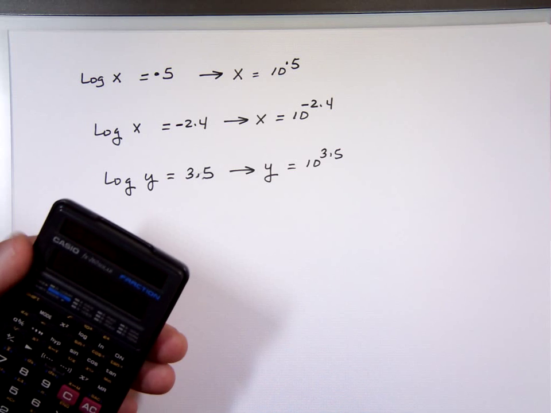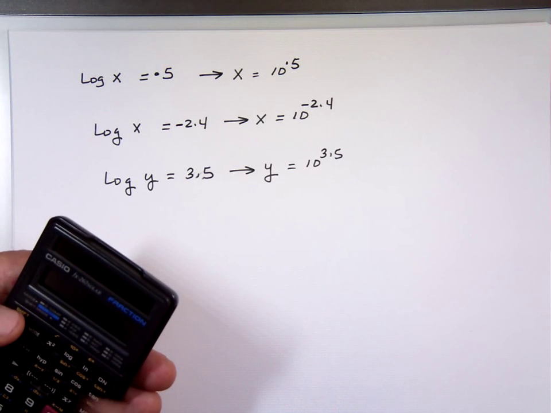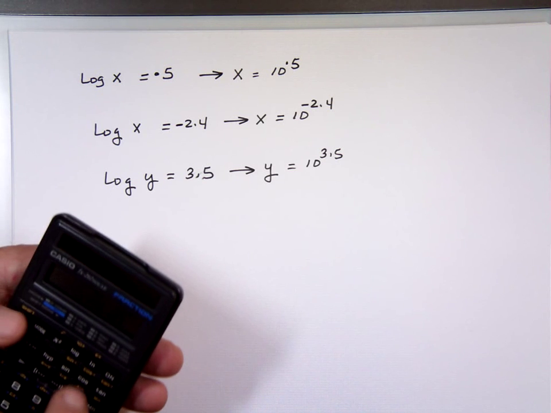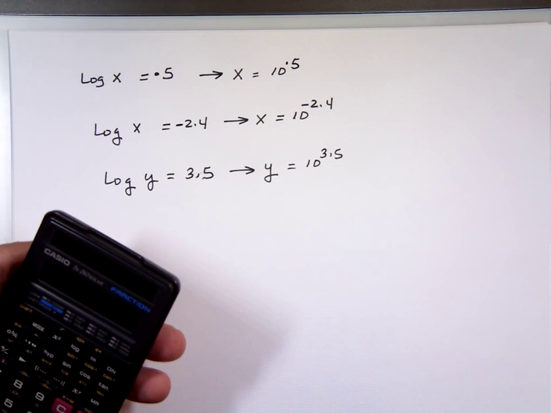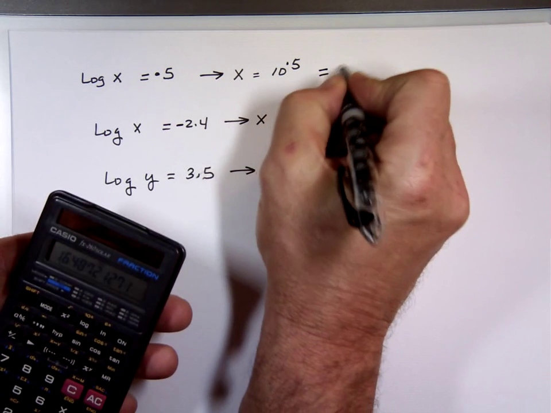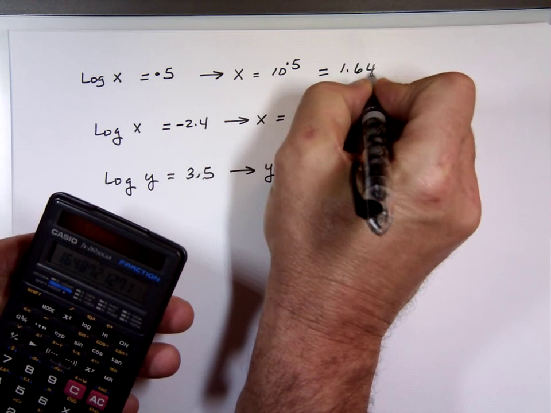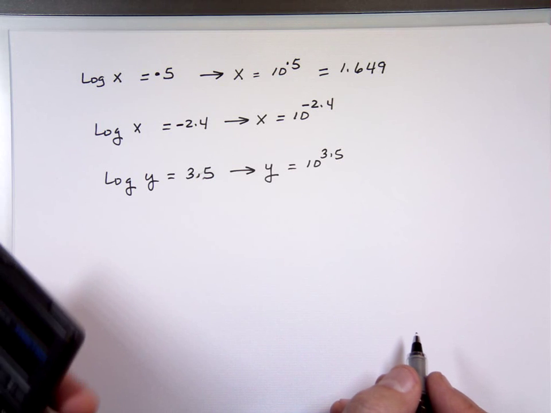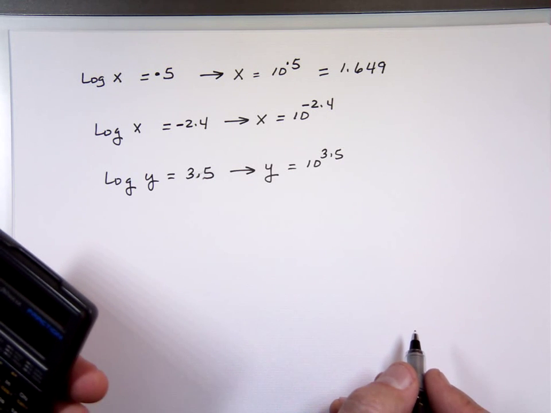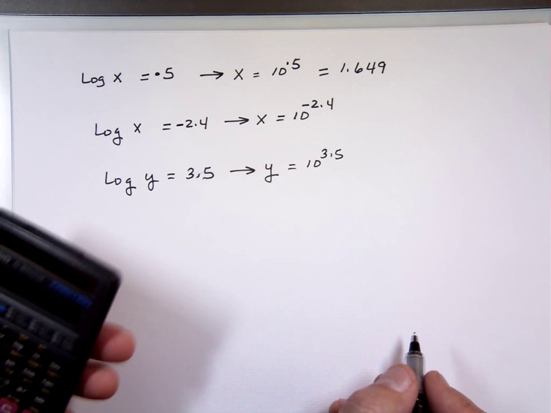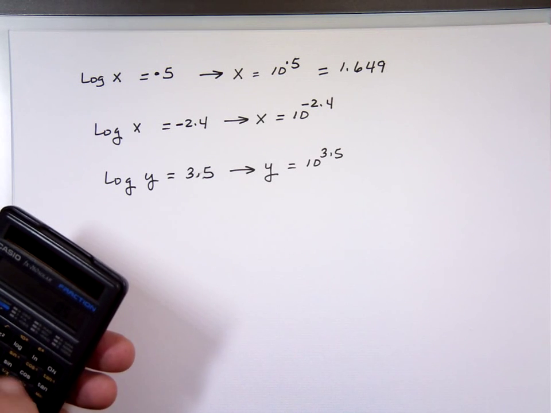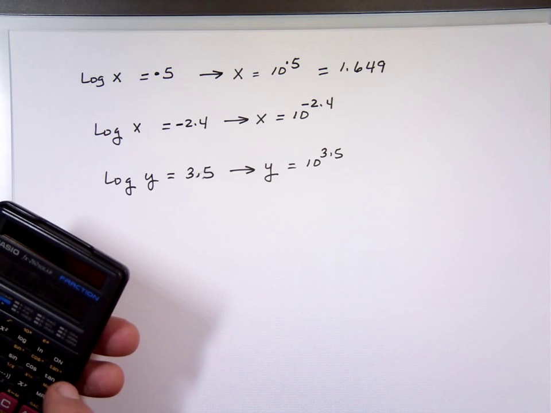So 10 to the power 0.5, 10 to the power of that. Was it 1.64? Is that what you got? 10 to the power 0.5? 3.162.